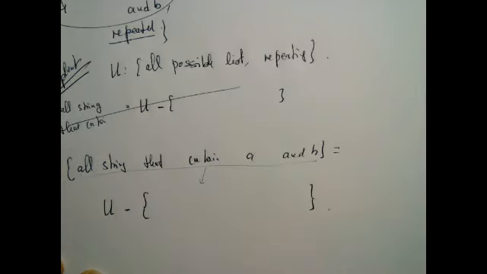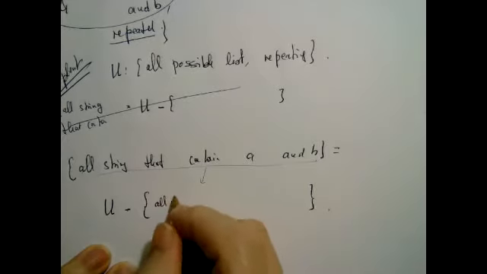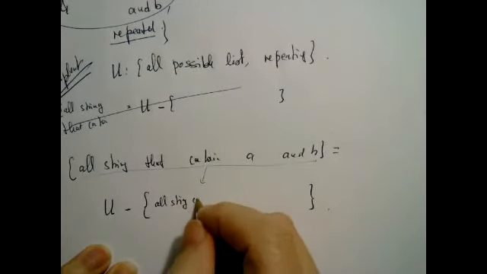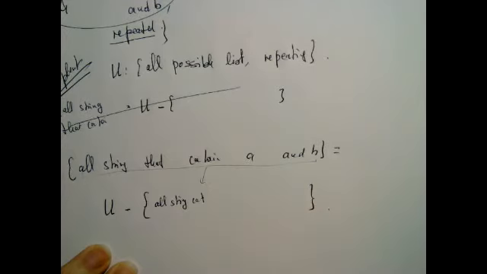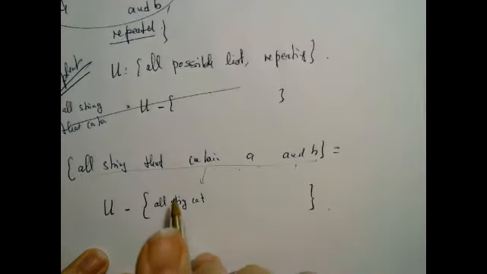So that's a possibility. Nick is suggesting taking away strings including A, including B, but I want all those that contain A and B. How can I subtract those that include A?